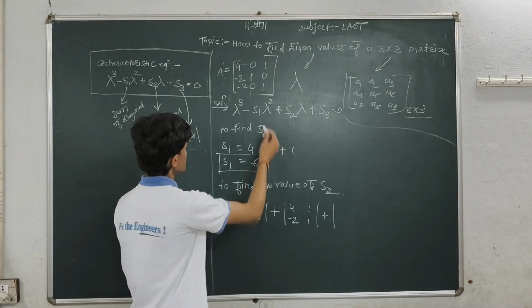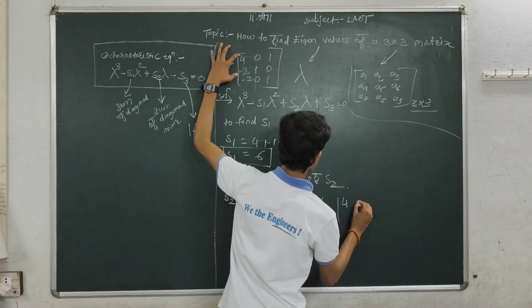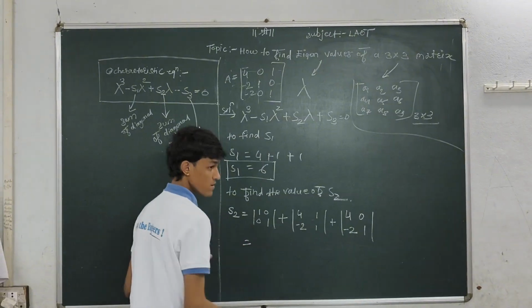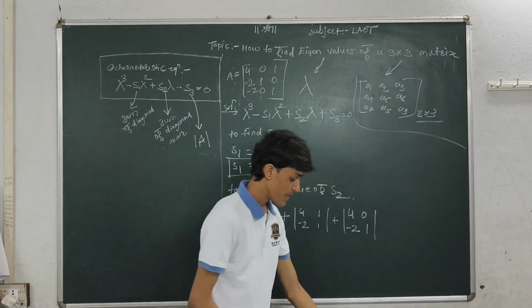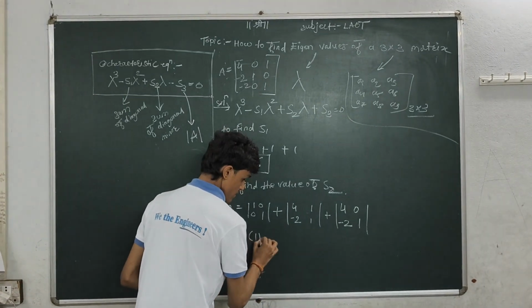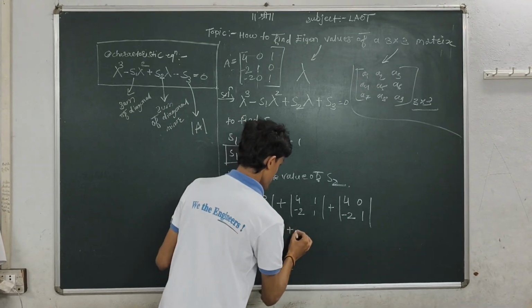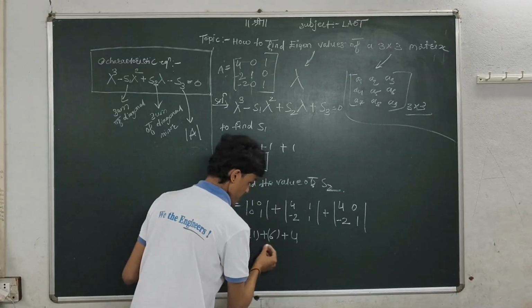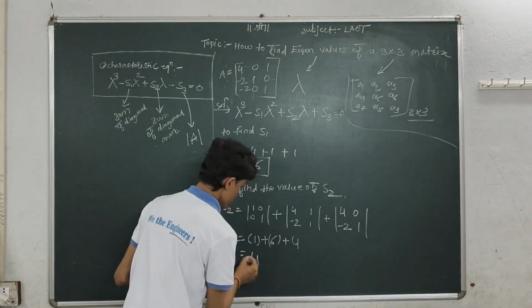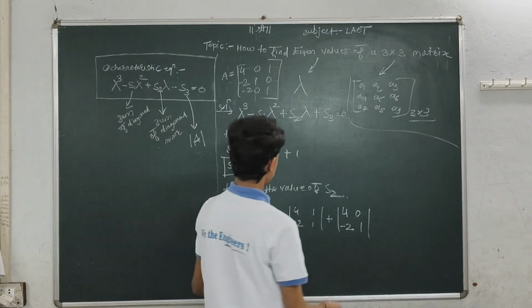Next, last, we have to skip this and these values and write this value. By solving this, we get the values 4, 10, 11. So the value of S2 is 11.